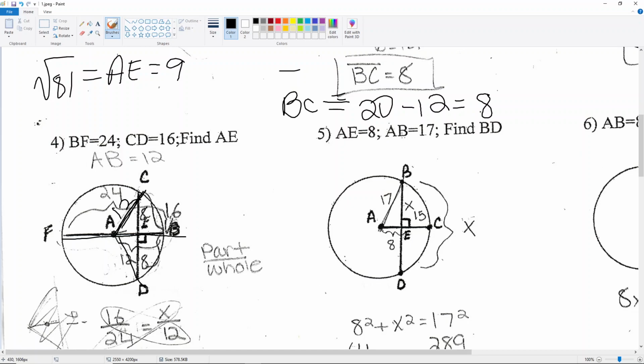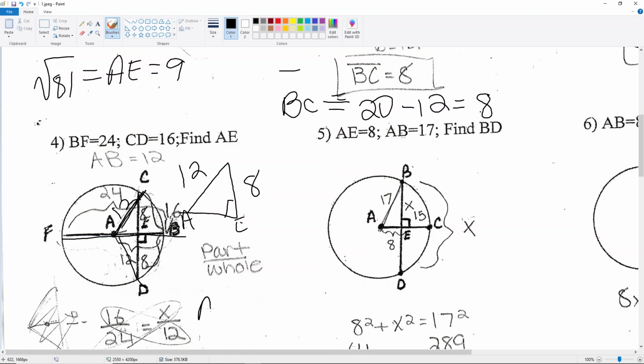That makes each one of these 8. I don't know what this letter is here. E. CE is 8, and DE is 8. Find AE. So we have a triangle that looks like this. 12, 8, and then this is AE, and the right angle is here. Mine doesn't look like it, but it does.